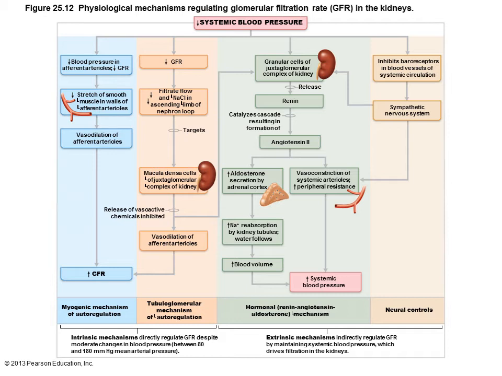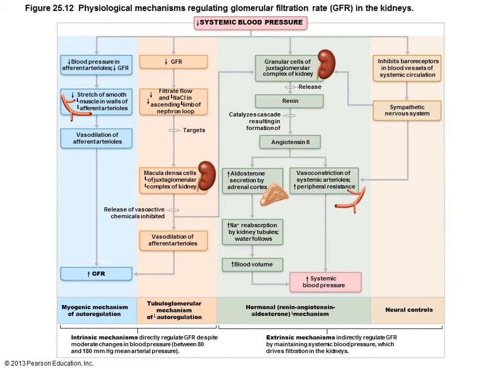So this is the intrinsic mechanism within the kidney. However, extrinsic mechanisms, outside of the kidney, can also help assist in keeping a constant glomerular filtration rate, by using the hormonal mechanism of renin, angiotensin and aldosterone that we talked about earlier, and also the neural control of the sympathetic nervous system, so that all the systemic blood vessels will squeeze and the blood pressure goes up. As the blood pressure is down, JG cells in the afferent arteriole will release the hormone renin, which in the end activates angiotensin 2, and angiotensin 2 causes vasoconstriction of the systemic arteries, just like sympathetic epinephrine.